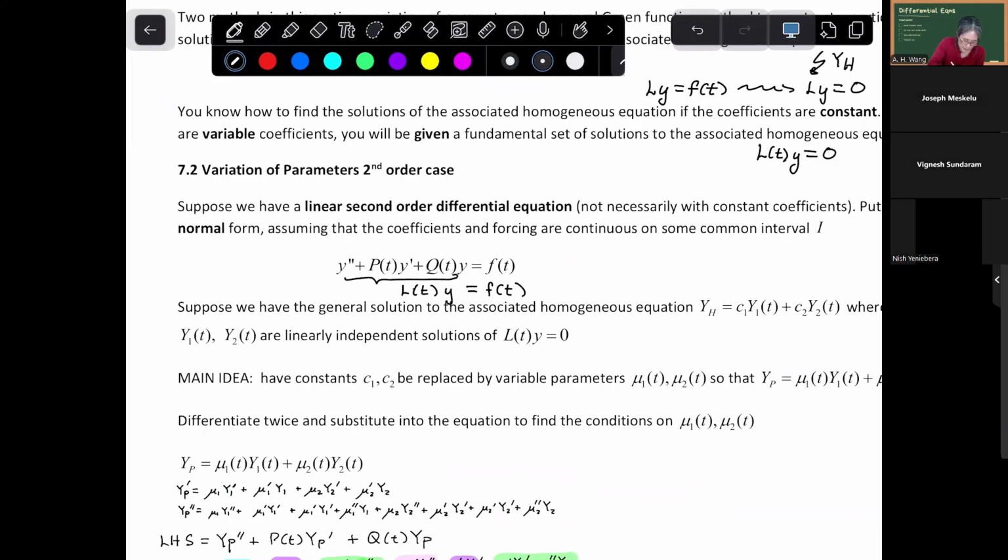So in other words, do you see that if you plug in y1, you should get 0, right? Because that's what a solution is. And if you plug in y2, you should get 0 because that's what a solution is, right?